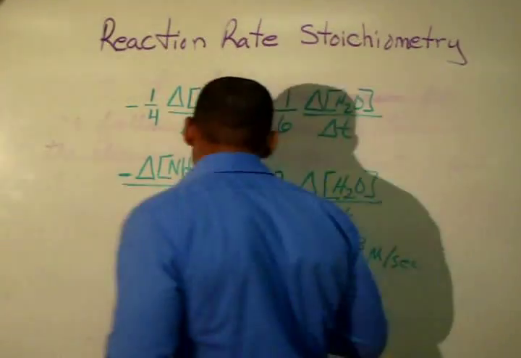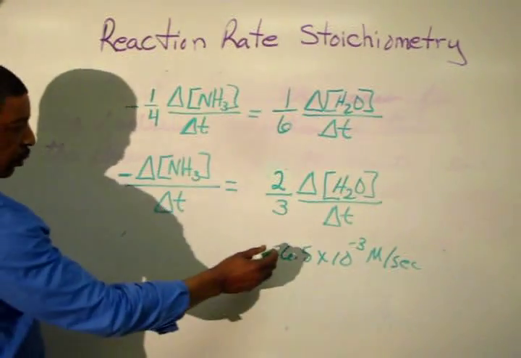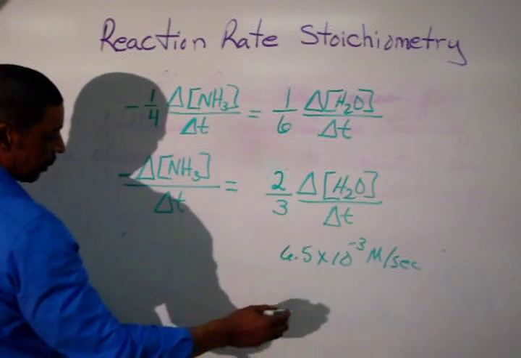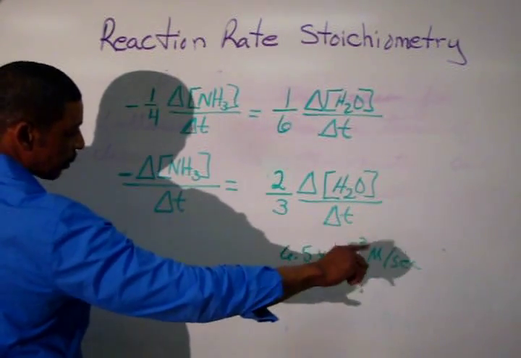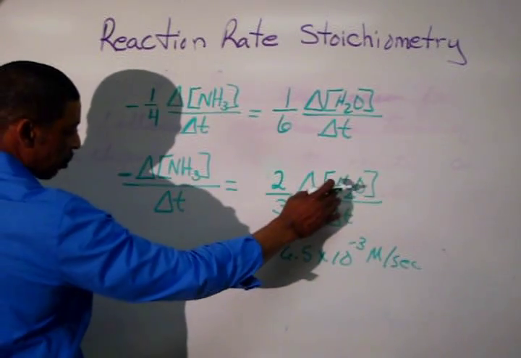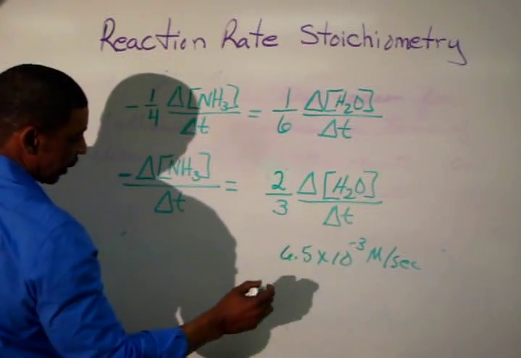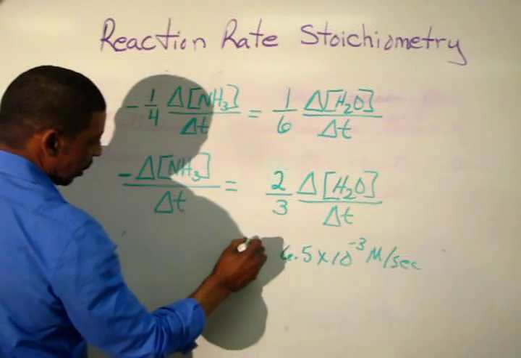Therefore, by inserting the value for the rate of appearance of water, in this case 6.5 times 10 to the minus 3 molar per second, into this expression, we will get the following answer.